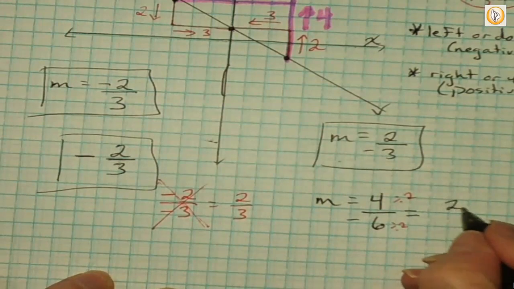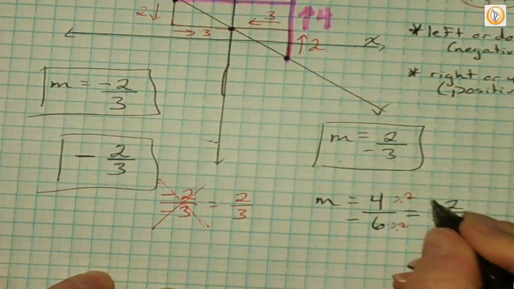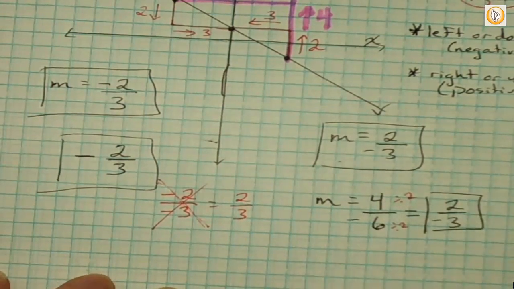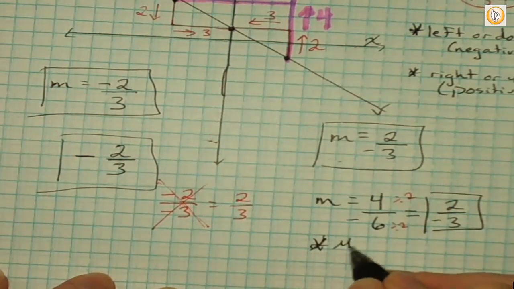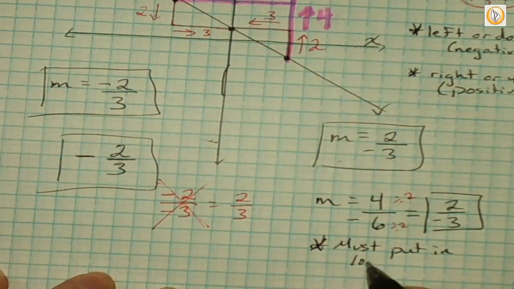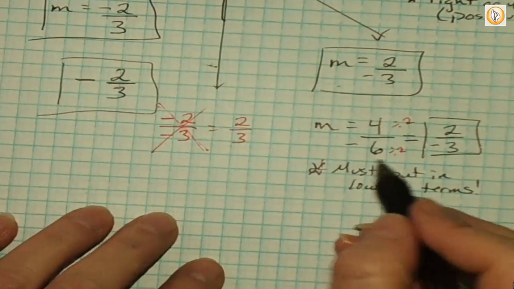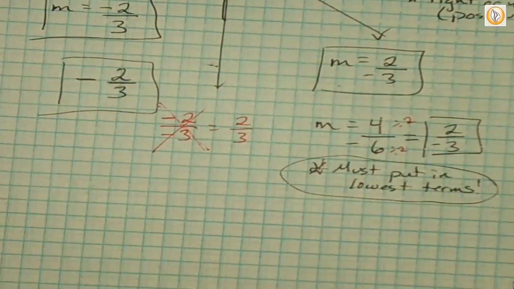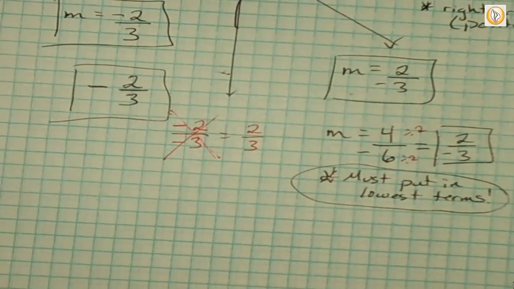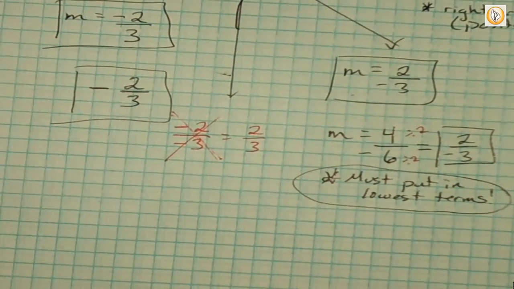We get 2 over negative 3. Same answer. So therefore, you must put it in lowest terms. All right, if you need to write this down, go ahead, write it down. But you need to remember this.